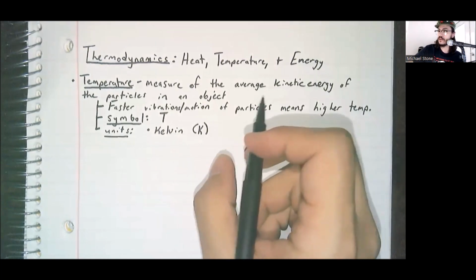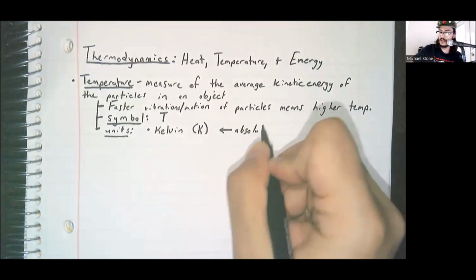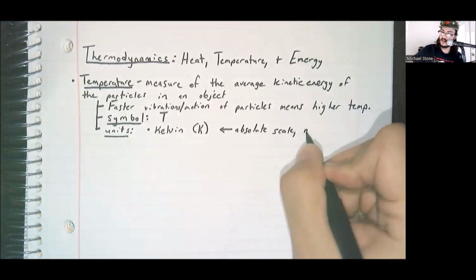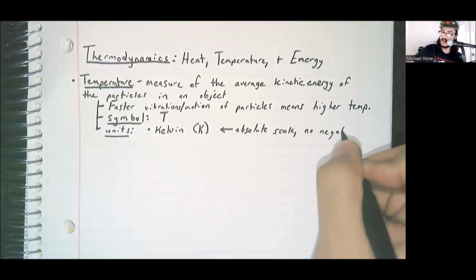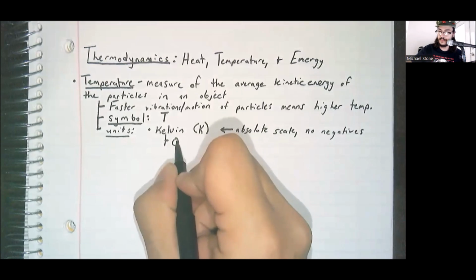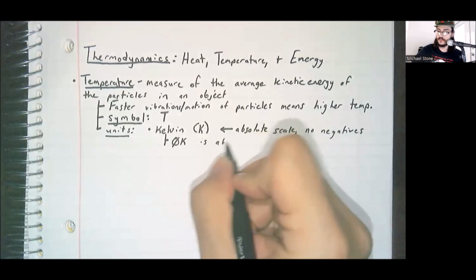So Lord Kelvin's scale is an absolute scale, which means that there are no negatives. This is really handy when we are doing our math. You don't have to worry about screwing up signs like what used to happen sometimes when we were working with our vectors. 0 Kelvin, the lowest value of Kelvin, is absolute 0.